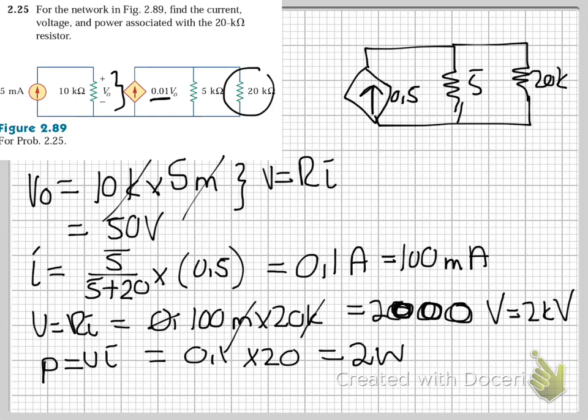So therefore, this is 2K, so that gives you 200 watts.